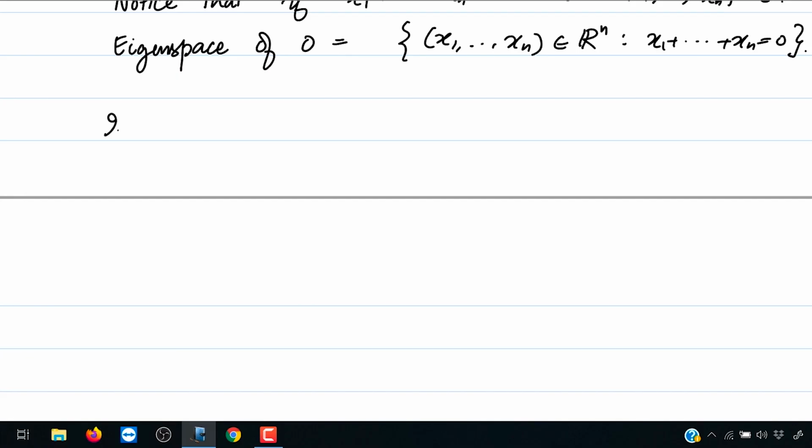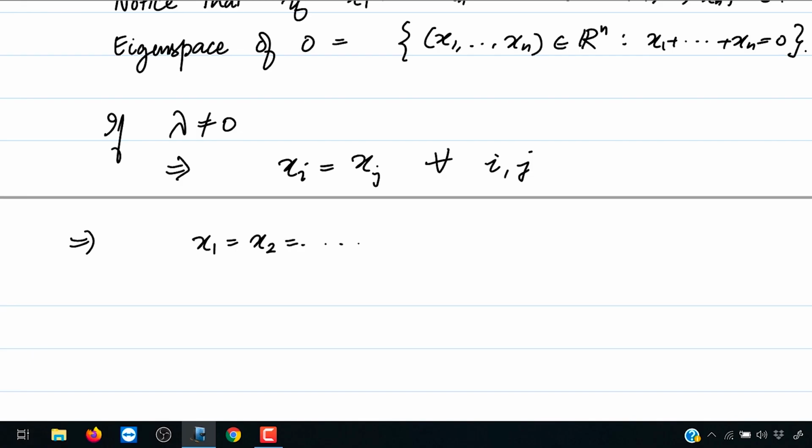If lambda is not equal to 0, let's see what happens then. This would imply that xi is equal to xj for all i, j. This implies that x1 is equal to x2 is equal to up to xn. And what does that imply? This implies that T of (x1 to xn) is equal to T of (x, x, ..., x), let's call this y.